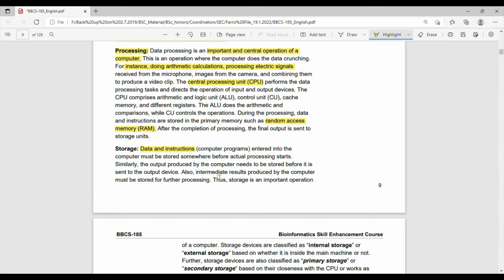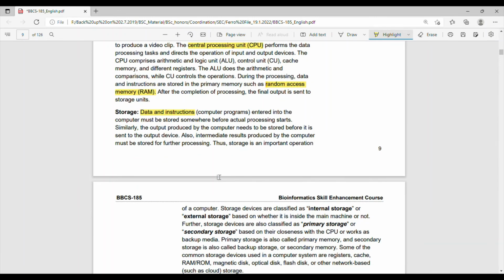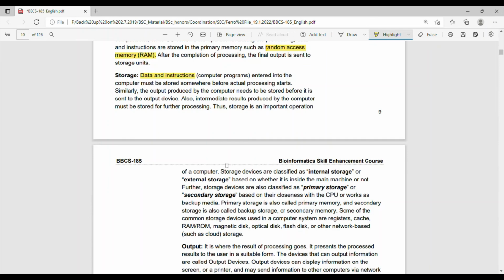Nowadays, mobile phones come with more than 1 terabyte of storage capacity. Storage is nothing but how much data that device can store. The data you store in the computer is stored either in internal storage devices or external storage.